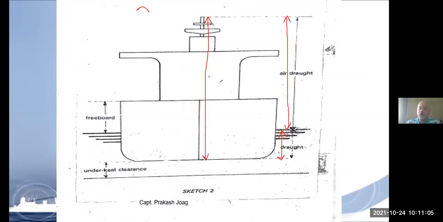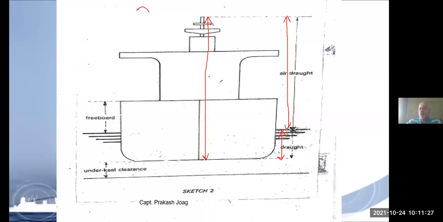Both things are very, very important when a ship comes into port. For the port also, both are important: to get from the ship the draft and the air draft of the ship. Air draft is actually the reverse of the draft. Total height of the ship minus draft of the ship will give you air draft.